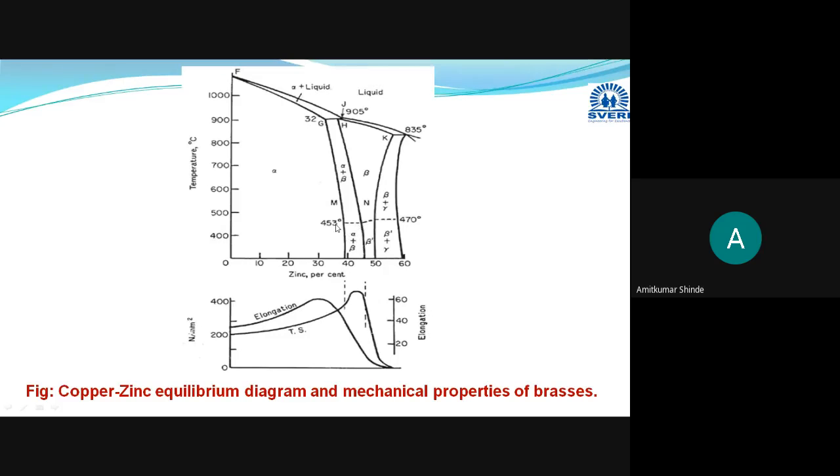At lesser temperatures, below this 453 degrees celsius, it will be an ordered substitutional solid solution. Here is beta dash. Below 453 degrees celsius, beta dash will be there, that is ordered phase.